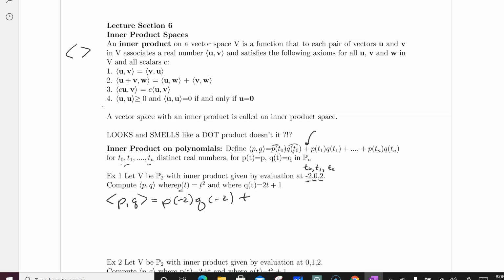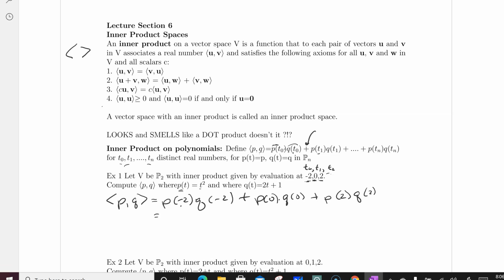I take this polynomial P and evaluate it at T1, which in this case is 0, and multiply it times the polynomial Q at that same T value. Plus, then I move on to the last one. I take the polynomial P at the T value of 2 and the polynomial Q at the T value of 2. All right, so now it's just a bunch of evaluation, correct?